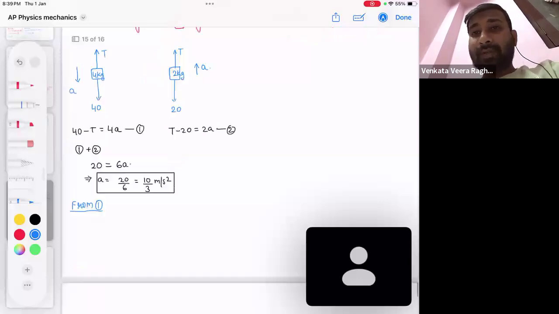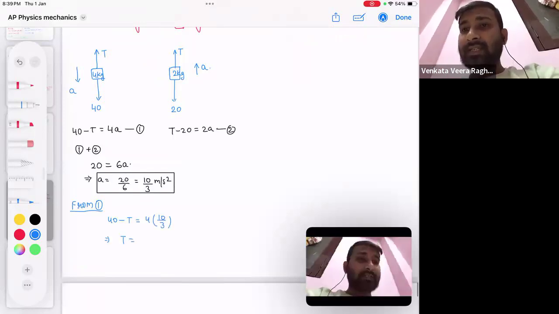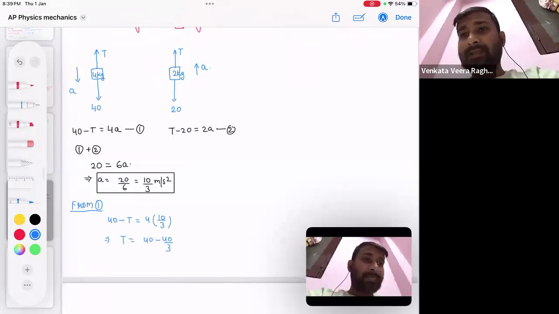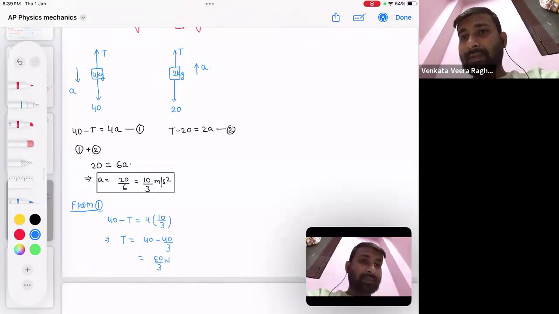So 40 minus T equals 4 into the acceleration we have calculated, 10 by 3. So what is the tension we are getting? 40 minus 40 by 3. So what we have? 80 by 3 Newton. We have it as the tension.